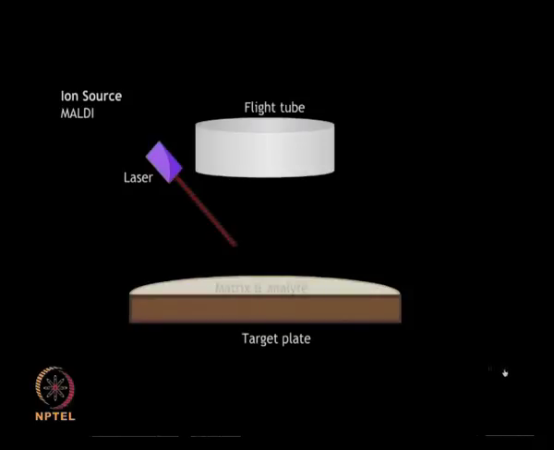In MALDI, the analyte of interest is mixed with an aromatic matrix and bombarded with short pulses of laser. The laser energy is transferred to the analyte molecules, which undergo rapid sublimation into gas phase ions.